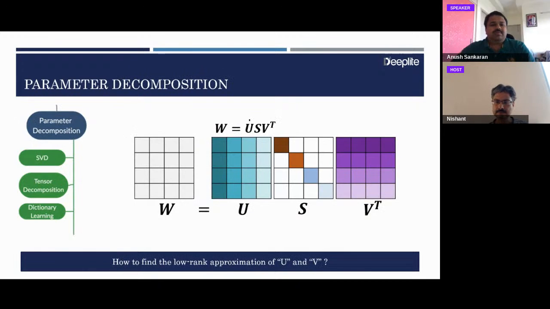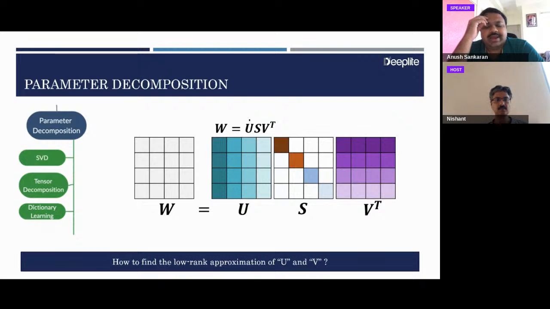Okay. The next idea is decomposing parameters. In parameter decomposition, the idea is very similar to SVD: we can take a matrix W or a tensor W, and decompose it into a set of singular matrices, USV^T, where U and V are singular matrices and S is a diagonal matrix.